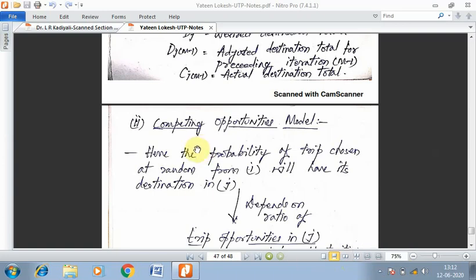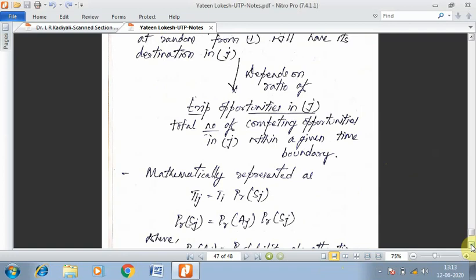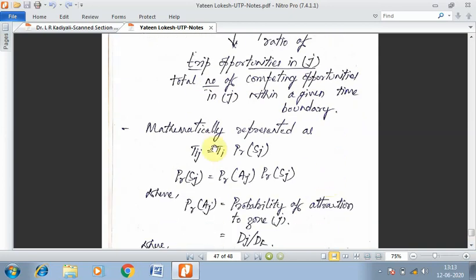So talking about the competing opportunity model, the probability of a trip chosen at random from I to J, where I is the origin and J is the destination, actually depends upon the ratio of the trip opportunities in zone J and the total number of competing opportunities in zone J within a given time boundary. So mathematically it represents like this.